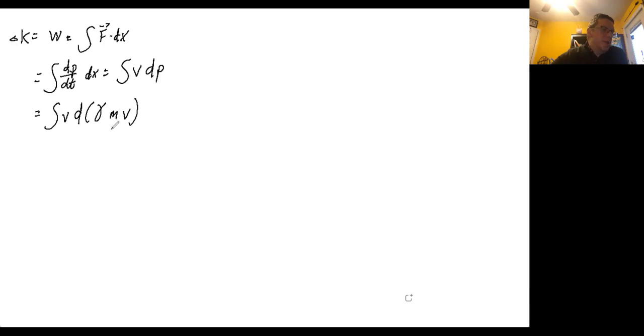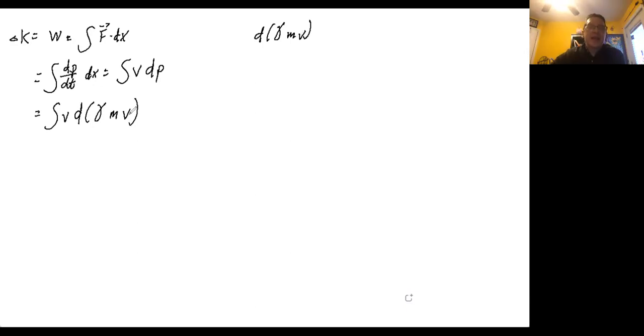So we're going to need to evaluate this differential here. We need to figure out what the d of gamma mv is. Now, gamma depends on the velocity, so you're going to get some function of the velocity times dv.